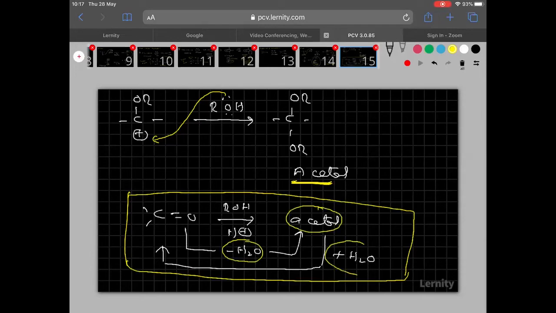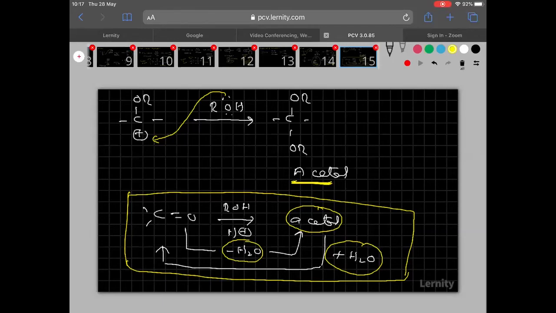If the water molecule is added, again we will get the carbonyl group. Hope you are able to understand this one.